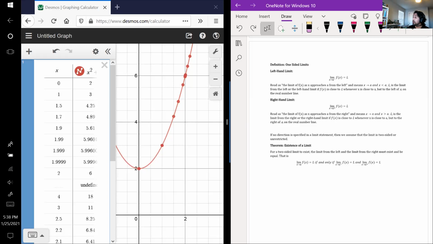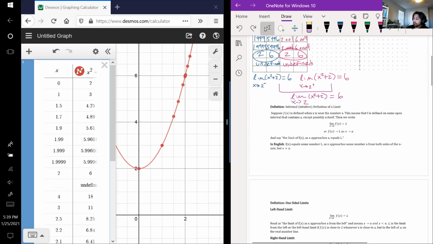If there's no direction specified, it's a two-sided limit, meaning you're approaching from both sides. We say the limit as x approaches a of f of x equals L if and only if the limit from the left at a equals L and the limit from the right at a equals L. If the left hand and the right hand are equal, then we have a limit that exists.